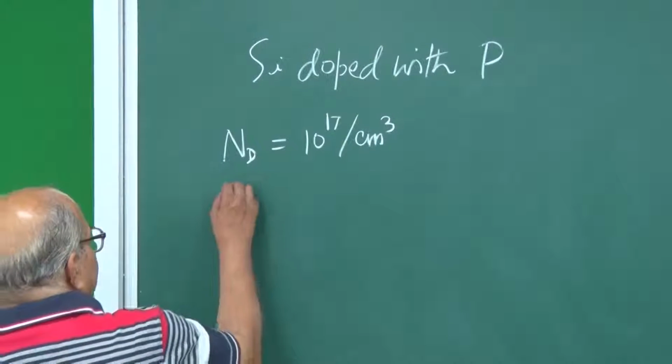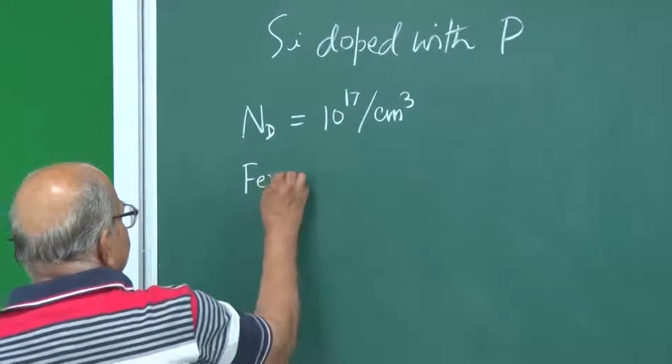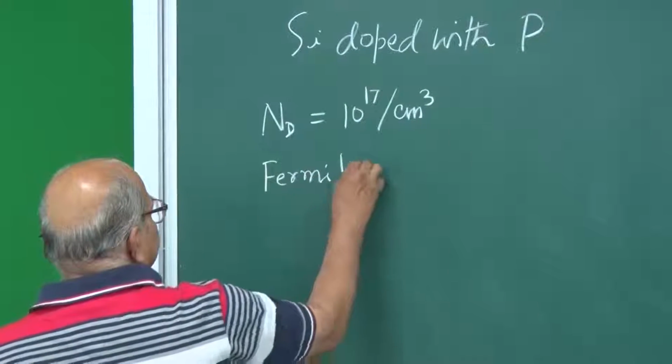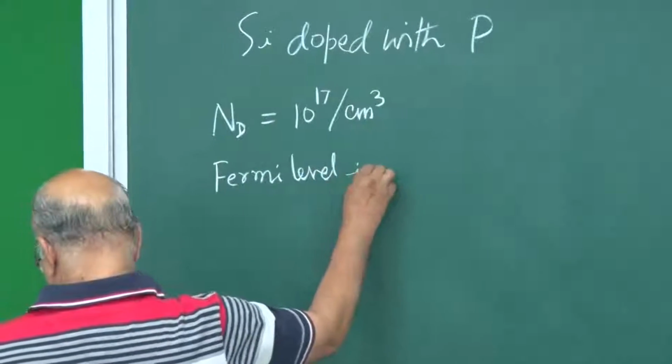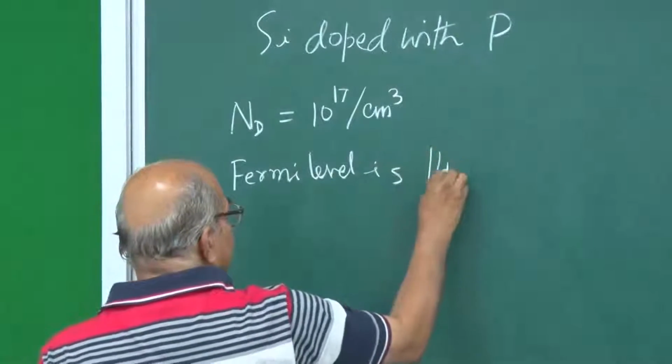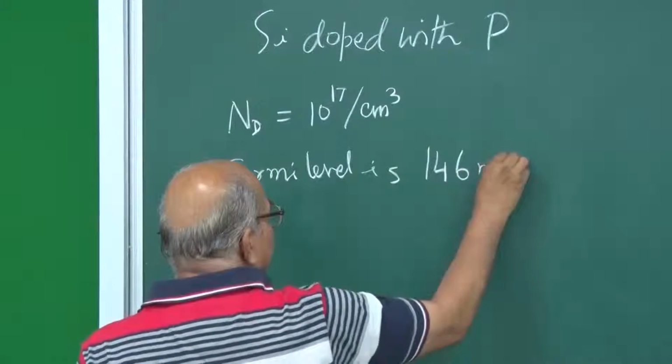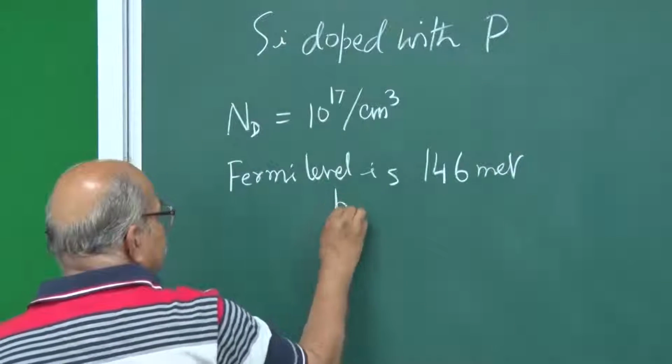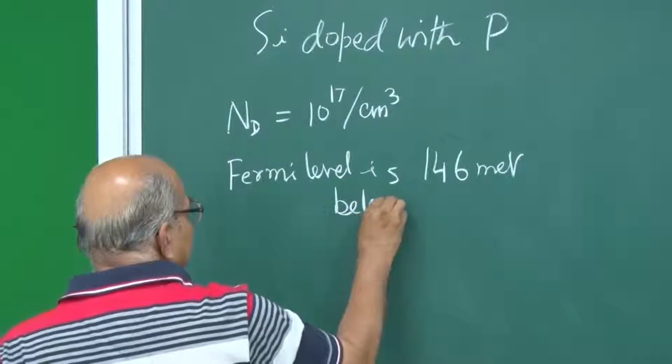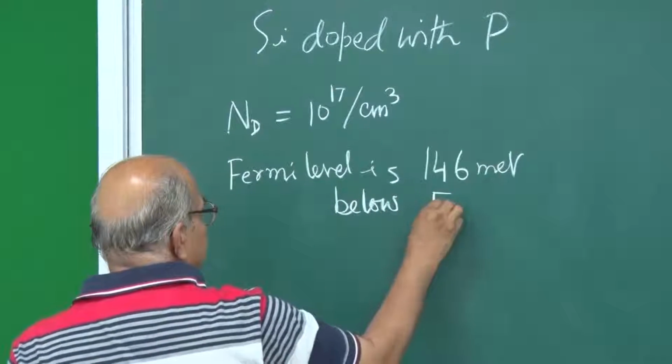Then the Fermi level is 146 milli electron volt below EC. What is EC?